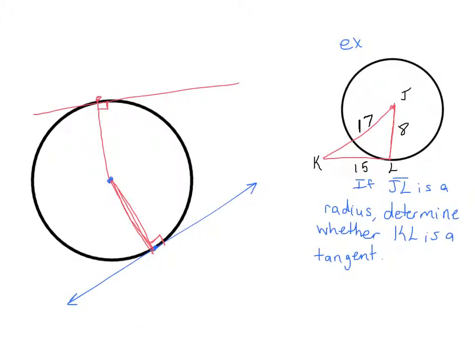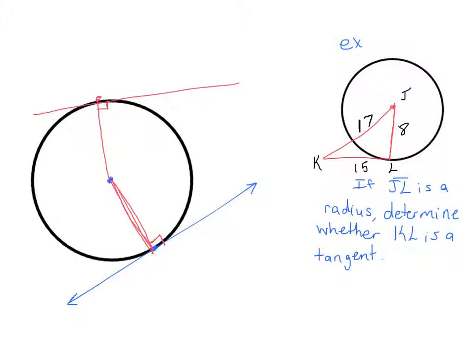All right, let's look at an example where we would be able to use this. In this example, we're being asked to figure out if the line segment KL is a tangent. We know that JL is a radius, and we know that we have a triangle here. If KL is in fact a tangent, it's going to be perpendicular to JL, which would make this a right angle, which would make the entire triangle a right triangle.